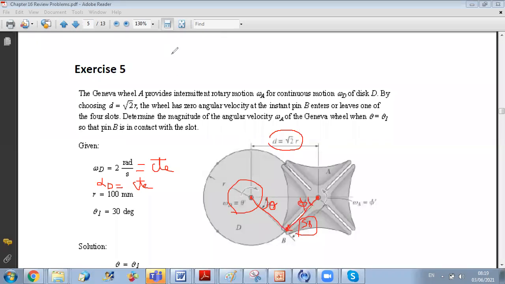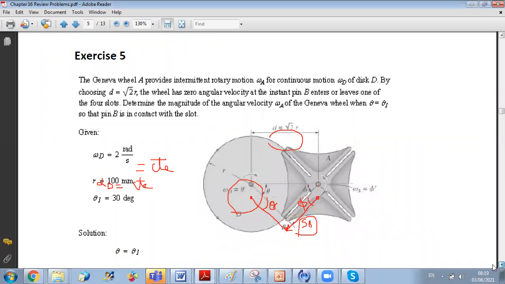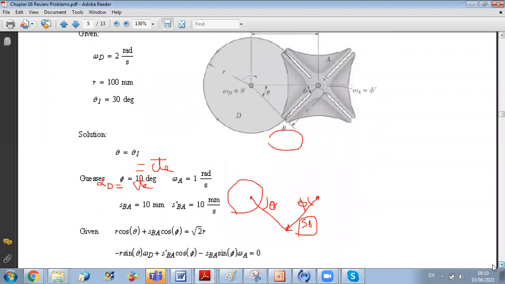So the first relation that we can write is by considering the following figure. The distance separating the two points here is given. This distance is equal to radical 2r and it's fixed.